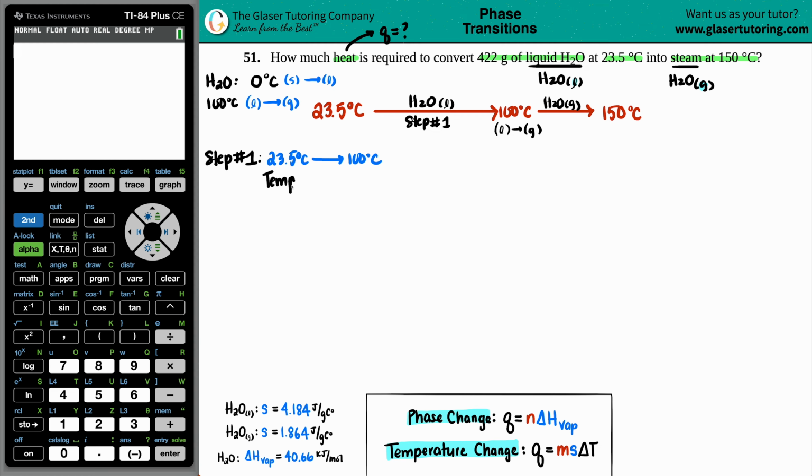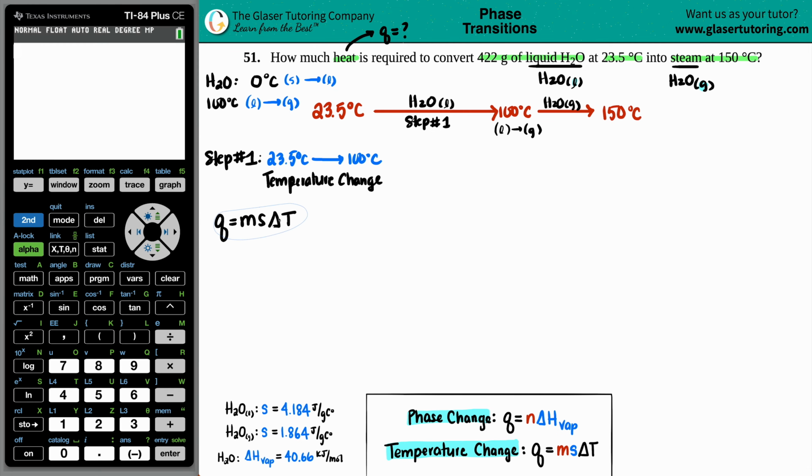And anytime you're dealing with temperature changes, especially when dealing with heat, you're going to use Q equals ms delta T. You might know it in class as Q equals MC delta T. Doesn't really matter, C or S. I just like to use S because S is for specific heat, the S in specific. But you could use either one. So I'm going to write Q equals ms delta T.